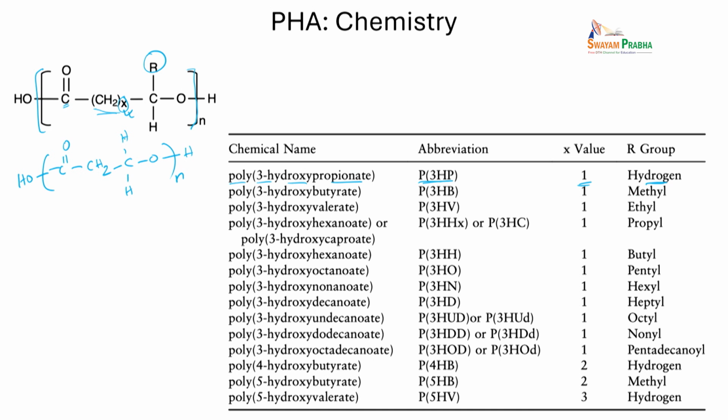Next, instead of this hydrogen, you can have a methyl group or CH3 group. Then we have P3HB. X is 1 here, and here you have the CH3 group. This is called poly-3-hydroxybutyrate, or in short P3HB or just PHB.